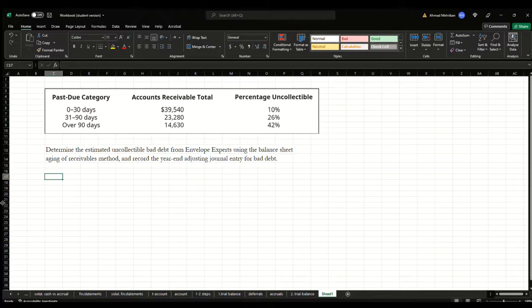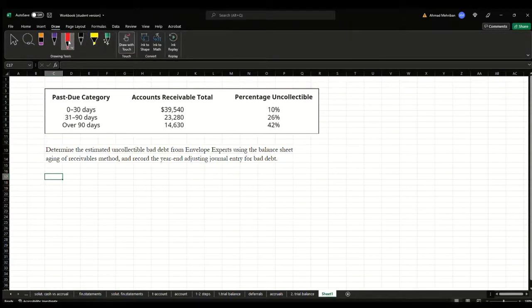You're given this information disclosed right here in the table, which gives us the accounts receivable total. Let me try to draw here as well. This provides us with the total for less than 30 days, the next for more than 30 but less than 90 days, and the last for over 90 days.